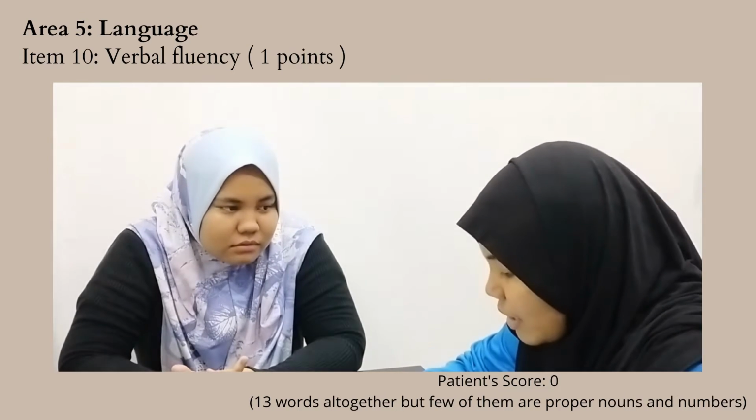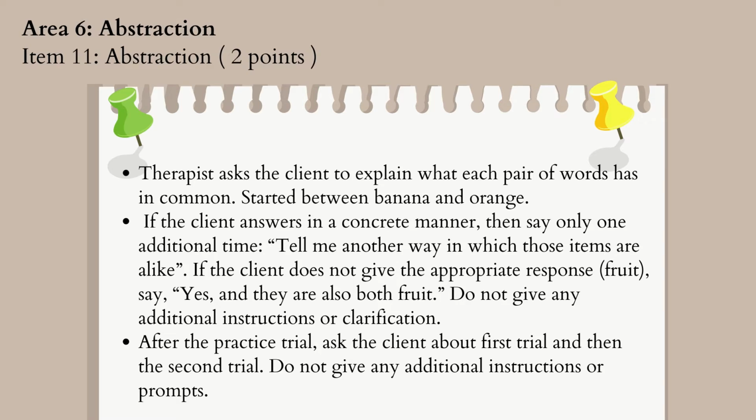Okay, that's all. For the sixth area and the item number 11, we have abstraction that has 2 points. In this item, the therapist will ask the client to explain what each pair of words has in common. We will start with a practice trial between banana and orange.